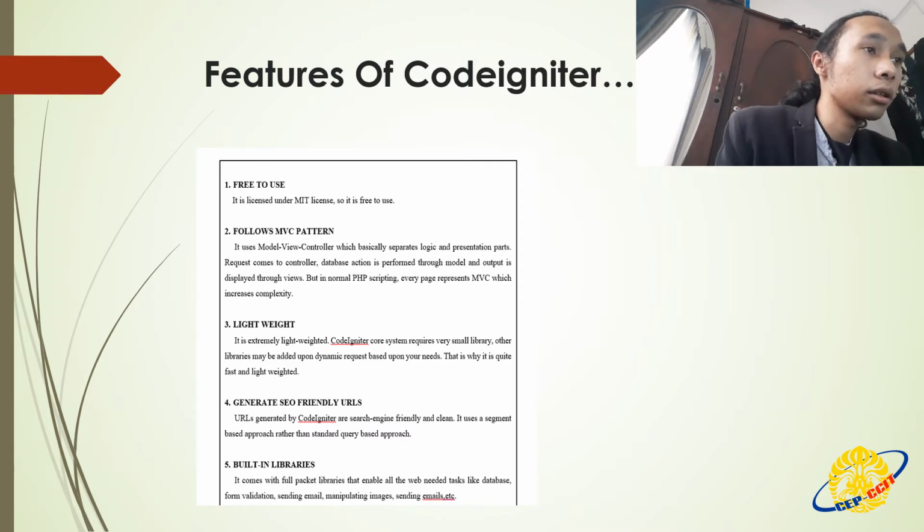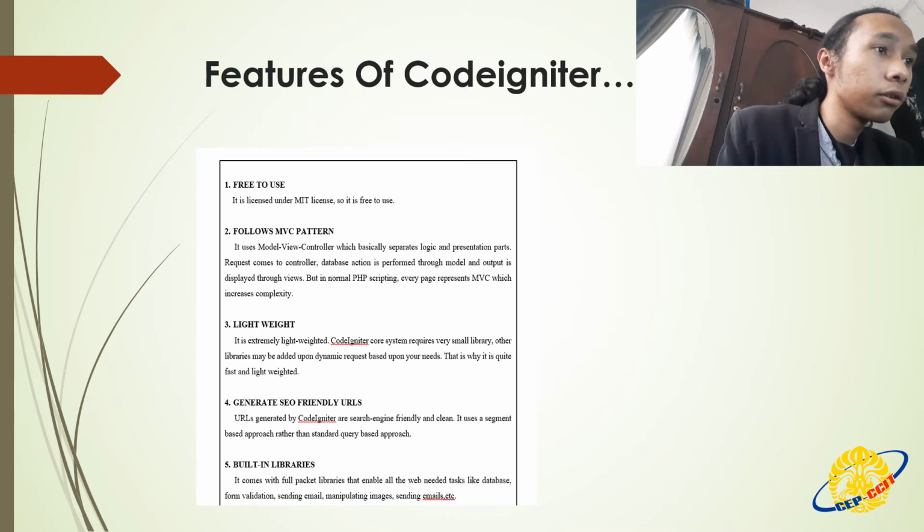The third one is lightweight. It is extremely lightweight, as the core system requires only a very small library. Other libraries may be added upon dynamic request based upon your needs. That is why it's quite fast and lightweight. The fourth one is friendly URLs.